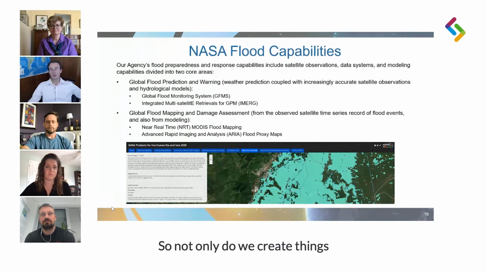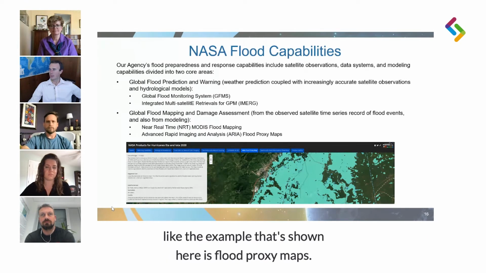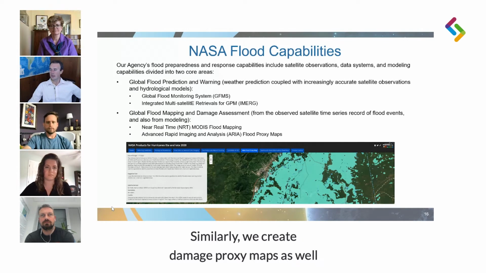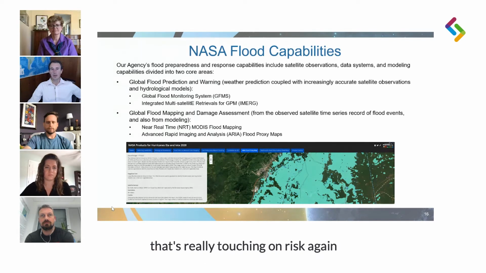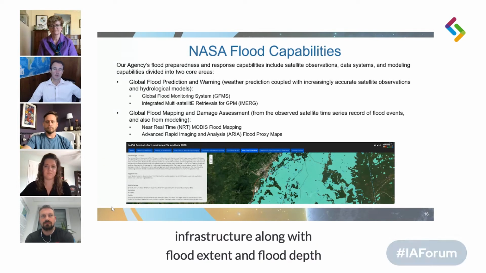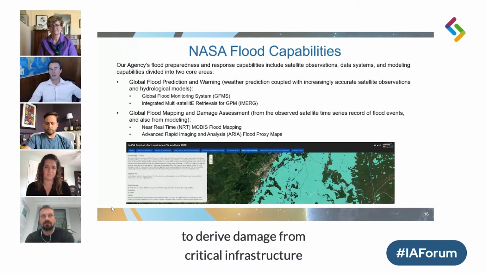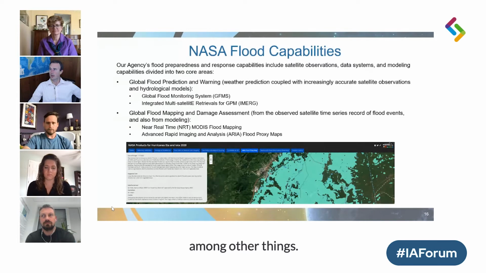So not only do we create things like the example that's shown here, flood proxy maps, similarly, we create damage proxy maps as well that really, touching on risk again, integrate different data inputs such as infrastructure along with flood extent and flood depth to derive damage from critical infrastructure, among other things.